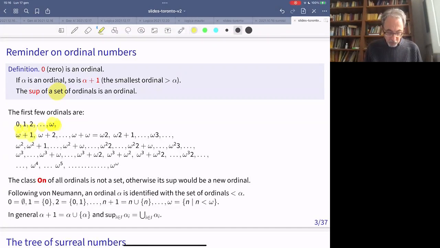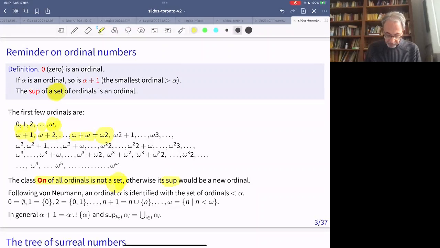Then you have omega plus 1, omega plus 2. At some point you arrive at omega plus omega, which is called omega times 2, and so on. Of course, the class of ordinals is not a set, because if it were a set, you could take the sup and produce a new ordinal. So the sup of a set exists, but not the sup of a class. So it's a proper class.